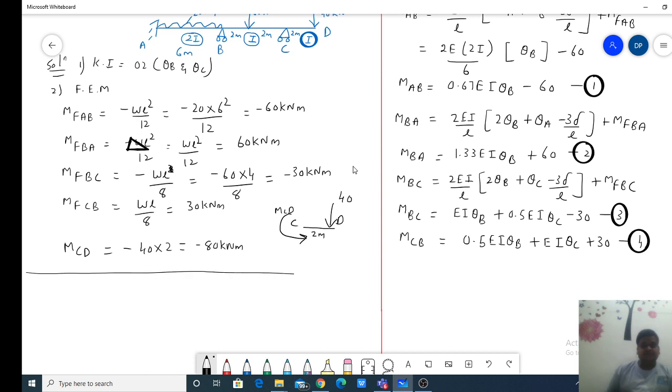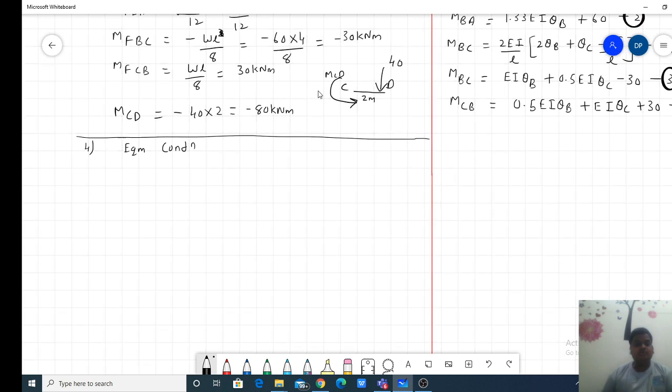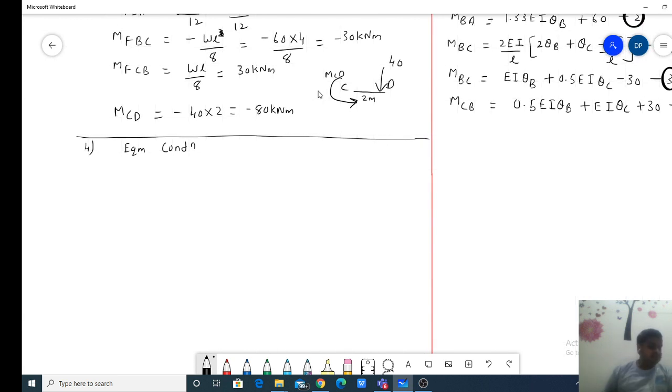So coming to the next part, step 4 will be equilibrium conditions. Now when you are solving equilibrium conditions, you know that at B and C you need to apply the equilibrium condition. Therefore at B, MBA plus MBC is equal to 0, right?